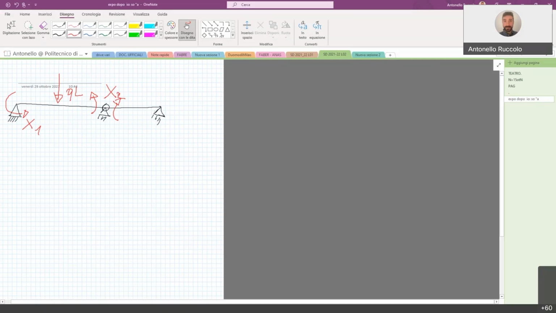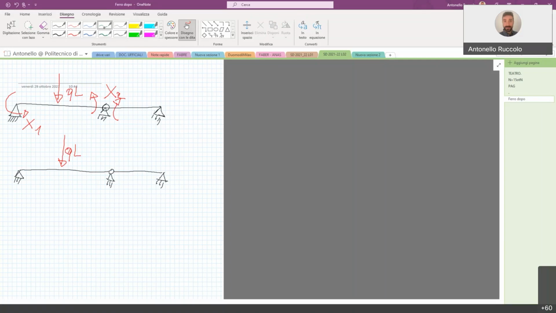Well, we apply the superposition principle. So we solve the first structure only applying the external load QL applied in the mid-span. Okay, so this is the first structure. What do we need to find?